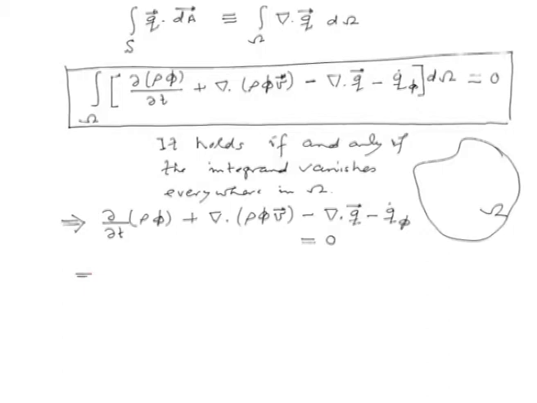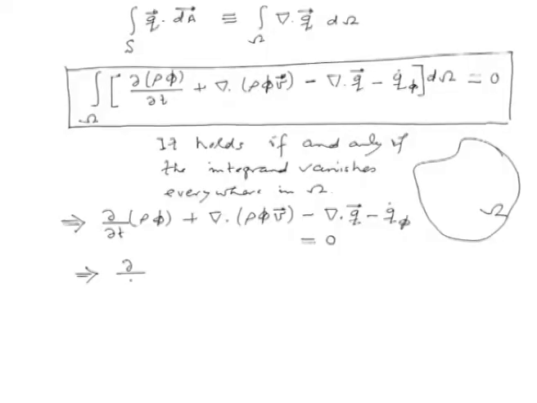So, now let us keep our unknown term on the left hand side, transfer the rest to the right hand side by slight rearrangement. So, del by del t of rho phi plus divergence of rho phi v is equal to divergence of q plus q dot phi.